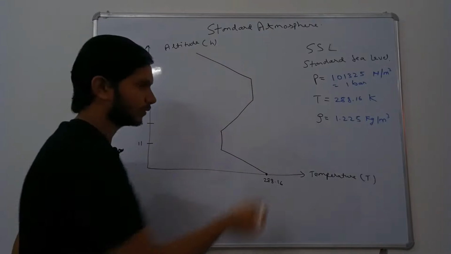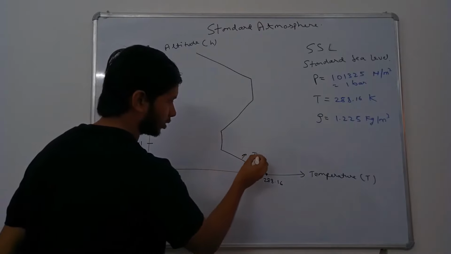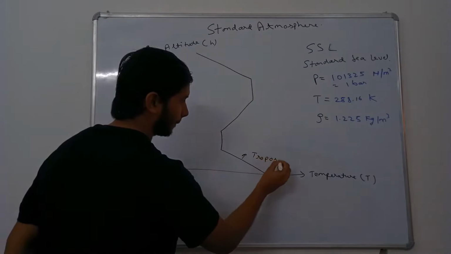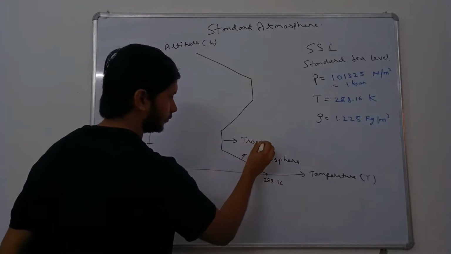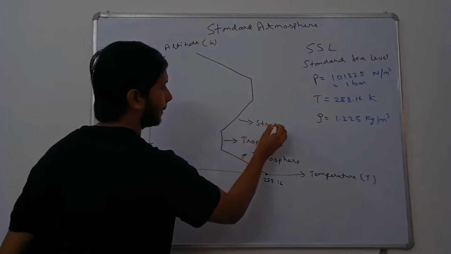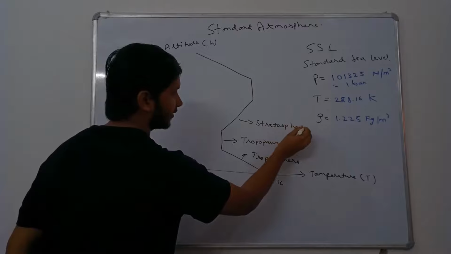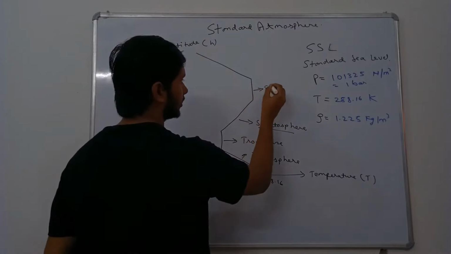This first part is called the troposphere. This is called the tropopause. This is the stratosphere. Most aircraft fly in the stratosphere. This is the stratopause.